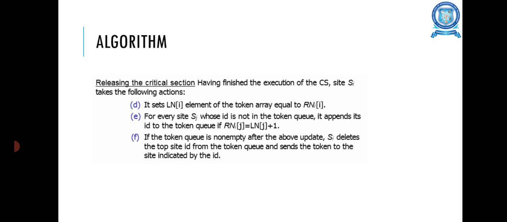Next, for every site Sj whose ID is not in the token queue, it appends its ID to the token queue if Rn[j] equals ln[j] plus 1. If the token queue is non-empty after the above update, Si deletes the top site ID from the token queue and sends the token to the site indicated by the ID.